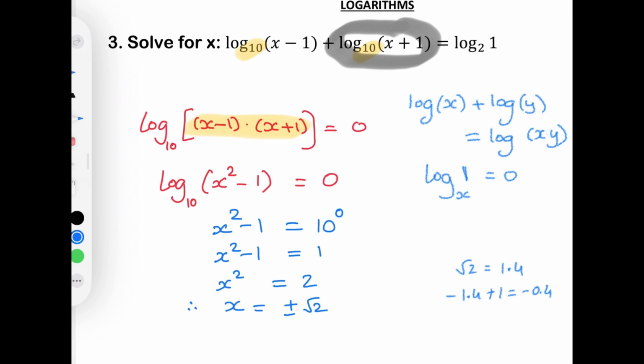Also if we put it in the first term, still we get a negative number in the logarithm, which is not defined. So therefore the value of x as negative root 2 is rejected, and the final answer is x is equal to positive root 2.